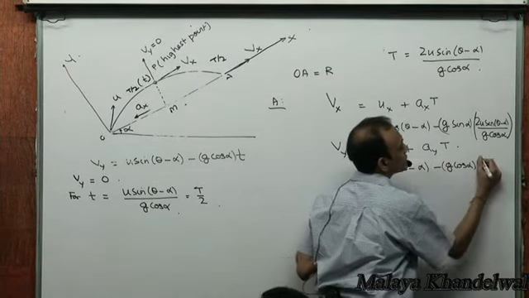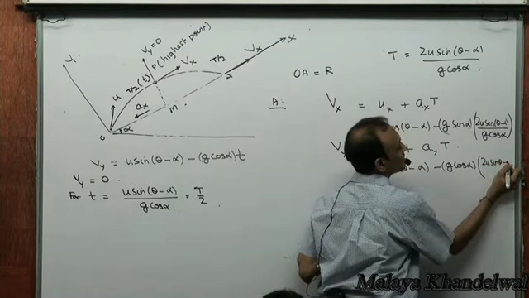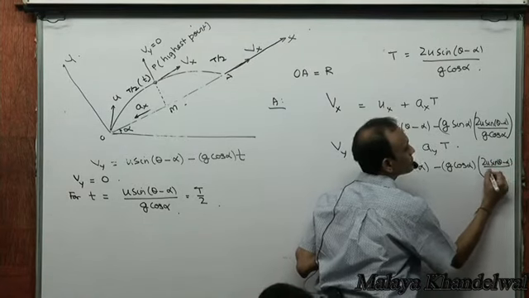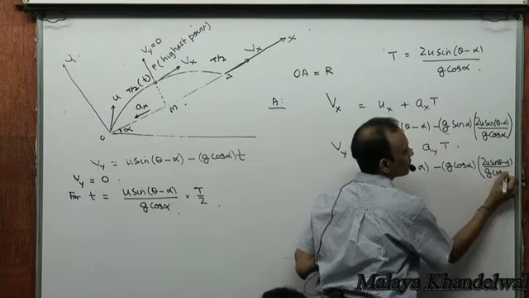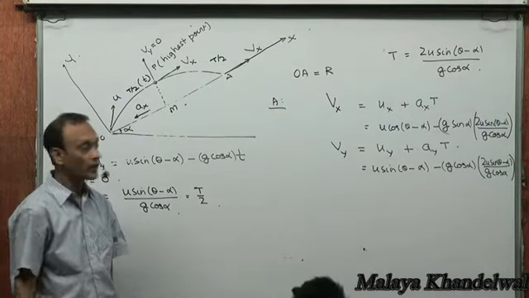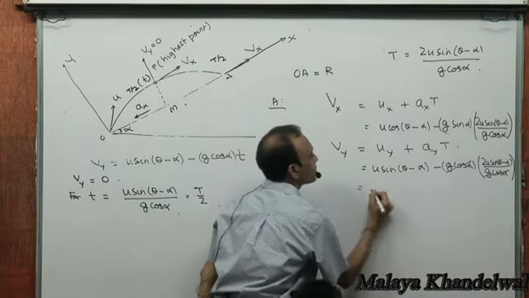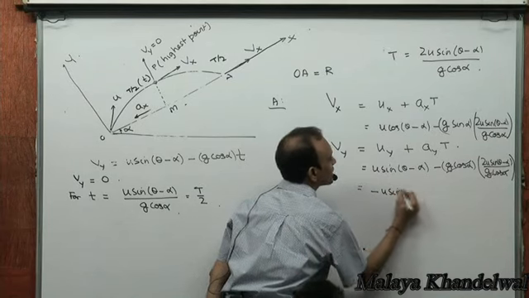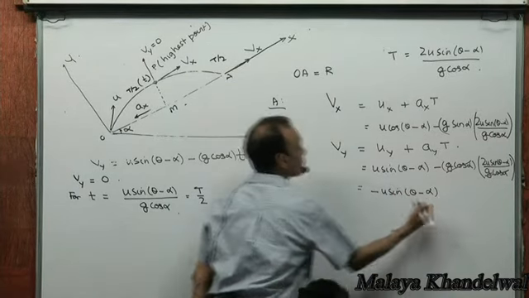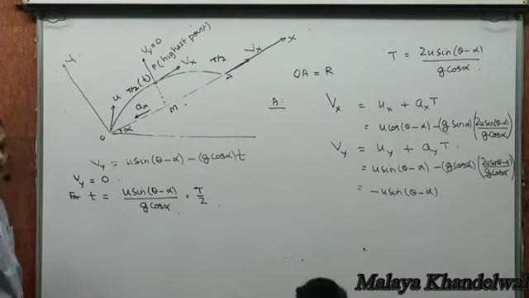And what is t? T is 2u sine theta minus alpha divided by g cos alpha, right? And do you see that this g cos alpha gets cancelled? This is minus u sine theta minus alpha. Yes or no? Do you realize this?